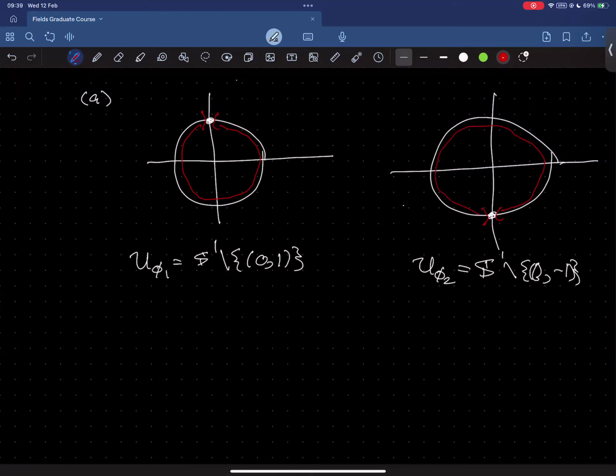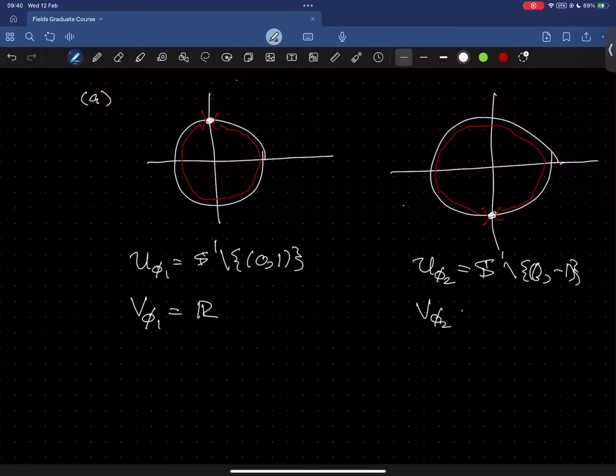And the chart maps are just the same as they were before. So first of all, the topological vector spaces are going to be the same. And the chart maps are going to be exactly what I had before.